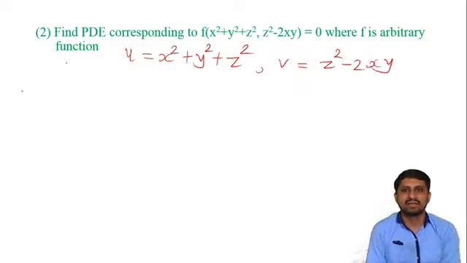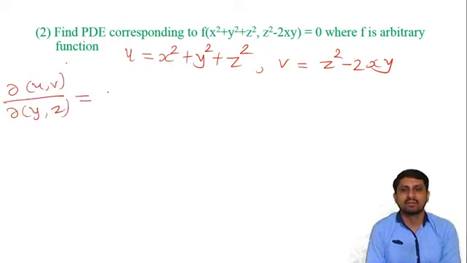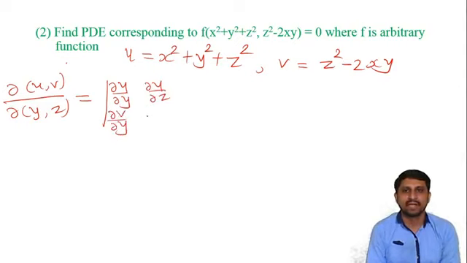Okay. Now first we find del(u,v) by del(y,z). First is del u by del y, then del u by del z, then del v by del y and del v by del z.